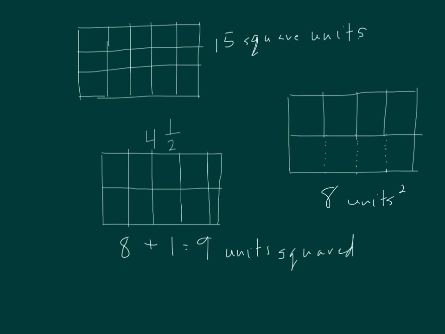Then, to label those problems, we could say square units, or we could say units squared. And we use units squared if we don't know what the unit of measure is. So if it was miles, we would say miles squared. If it was inches, we would say inches squared. If we're not sure, we go with units squared.